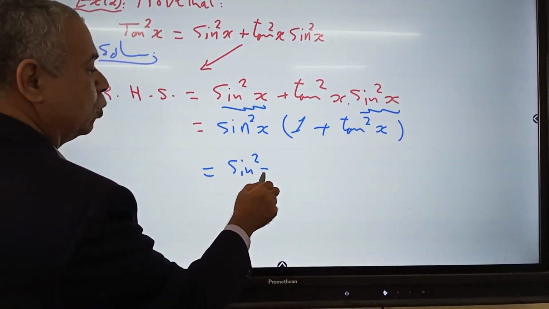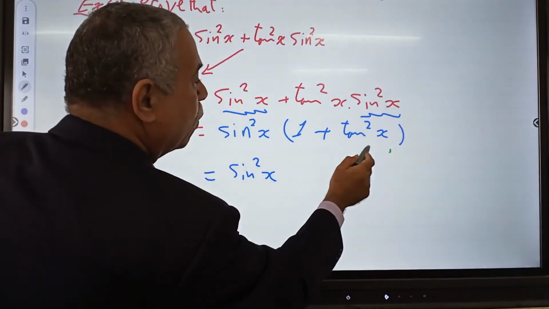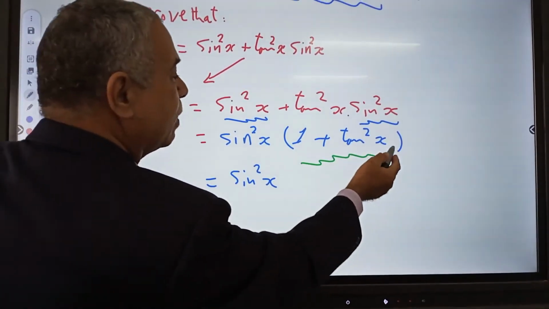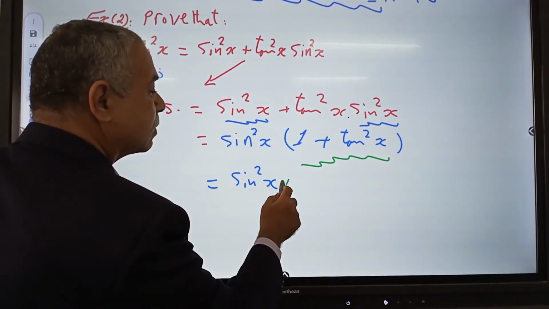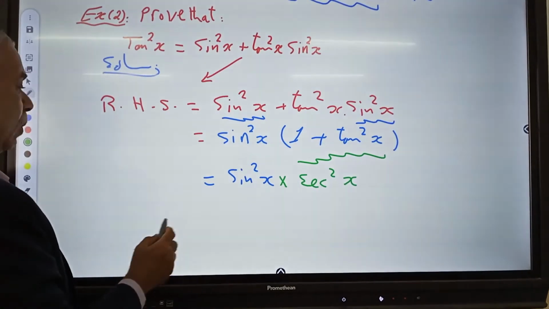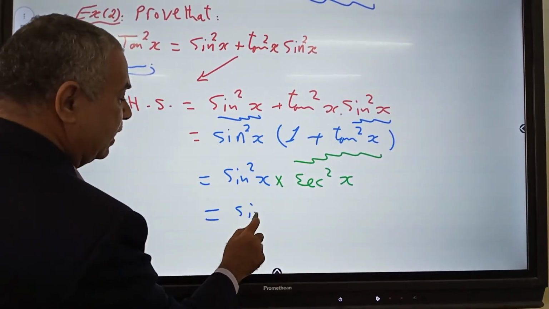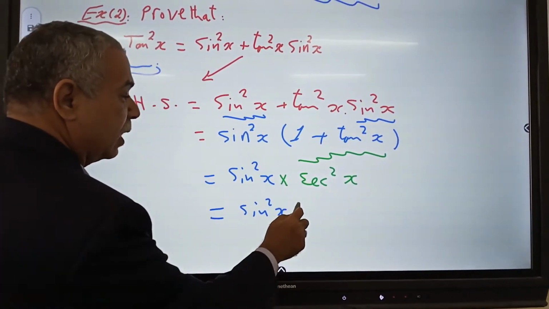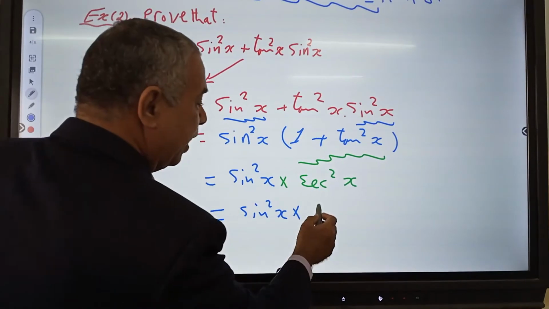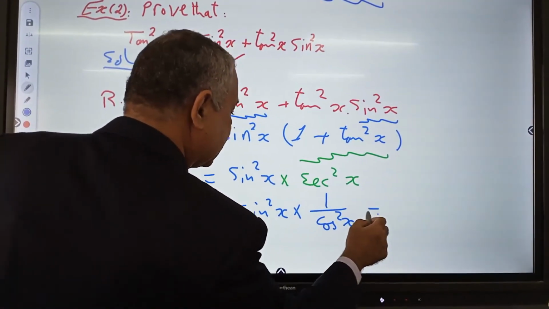Under equals, write sin²x, then find the value of 1 plus tan² from our rules. 1 plus tan² is sec²x. Under equals, write the same sin²x, then find the value of sec². We can write sec²x equals 1 over cos²x.